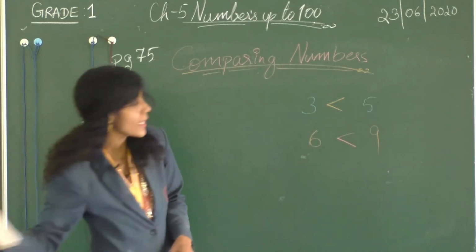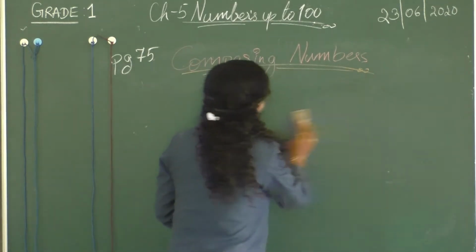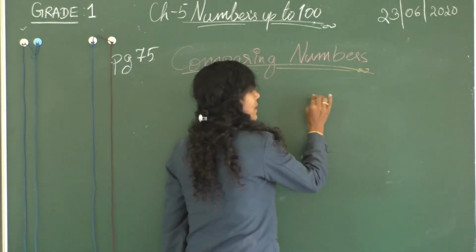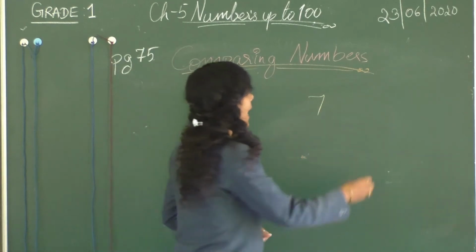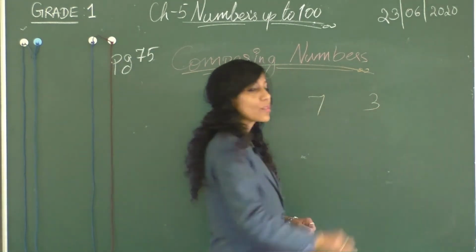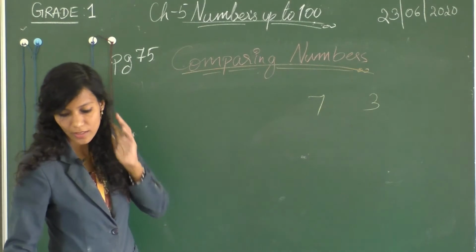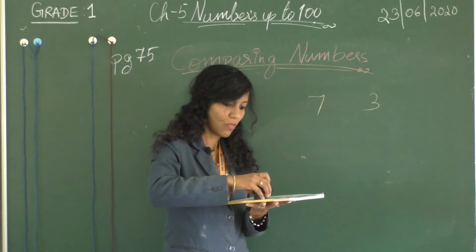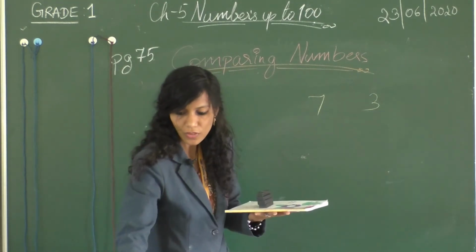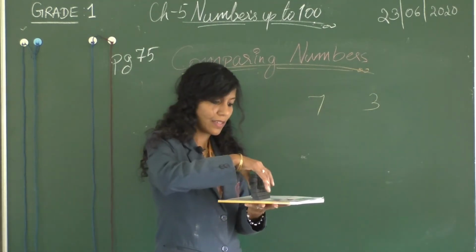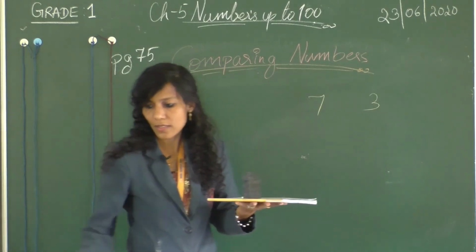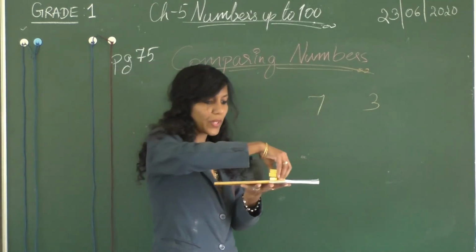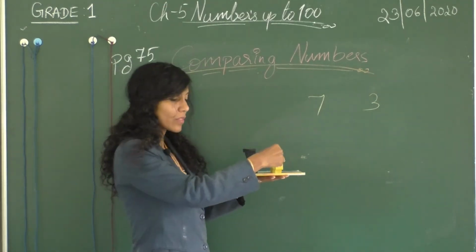Now let us take another example. Let us take 7 and 3. So 7: 1, 2, 3, 4, 5, 6 and 7. 7 blocks. Next 1, 2 and 3, 3 blocks. 7, 3.